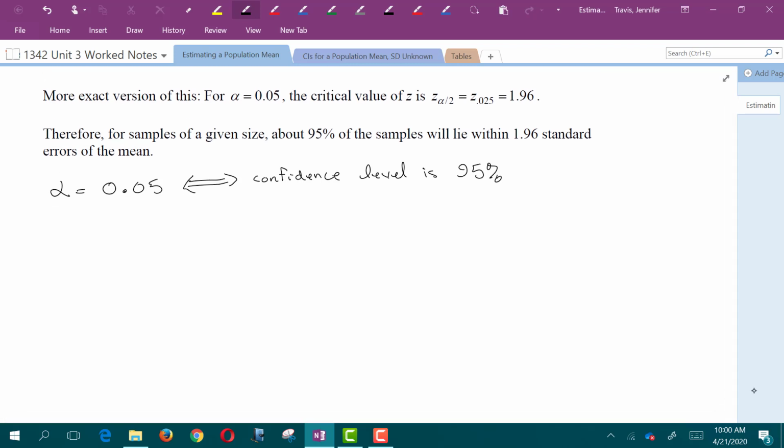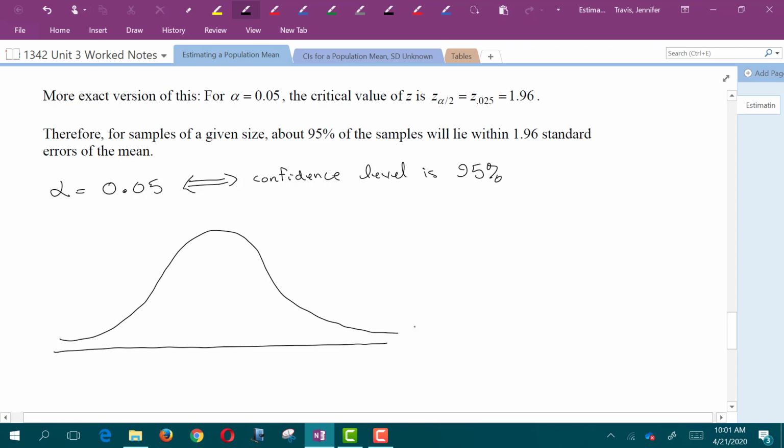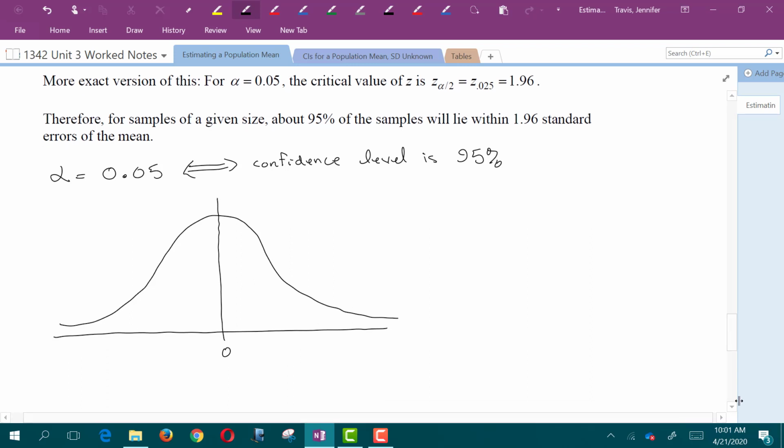Okay, so let's sketch ourselves a little normal curve. Right in the middle of this, and let's make this a standard normal curve, which means that the mean is 0, and the values on the x-axis are z-scores.